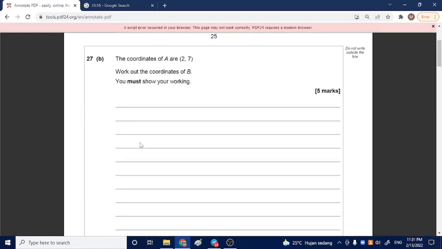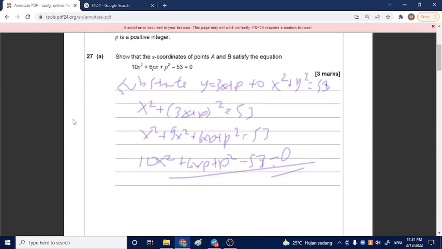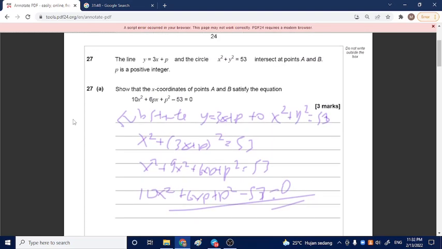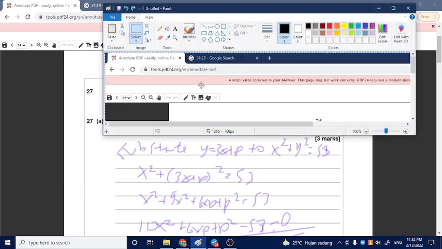The coordinates are, alright. Here I need to, let me crop this because I do not like rewriting it.